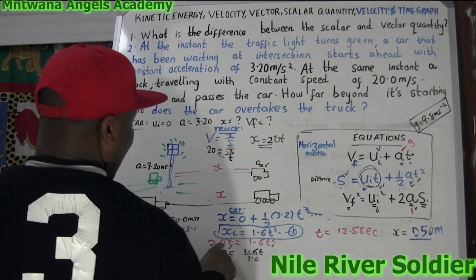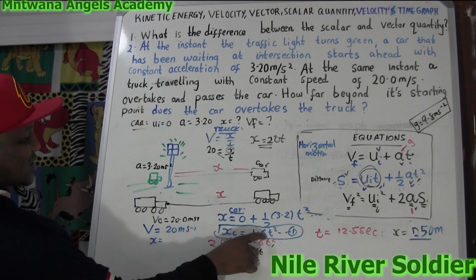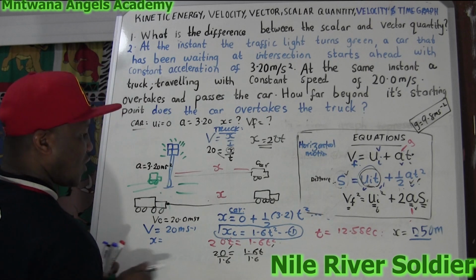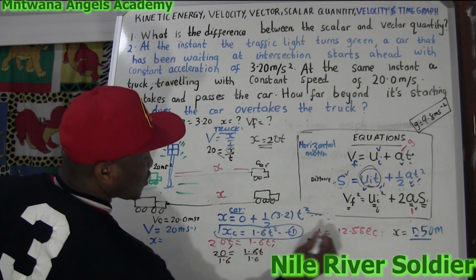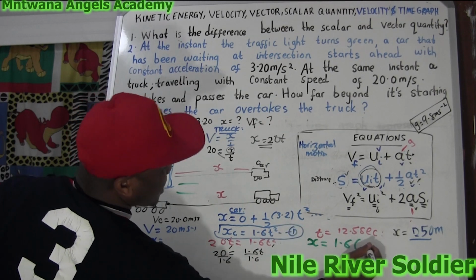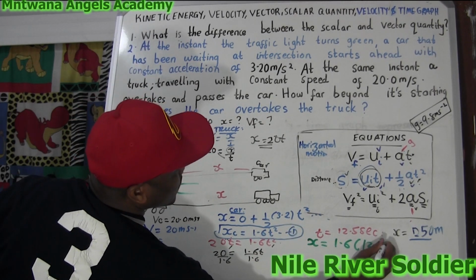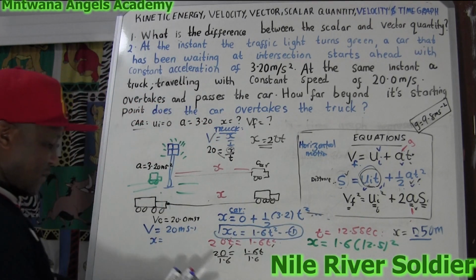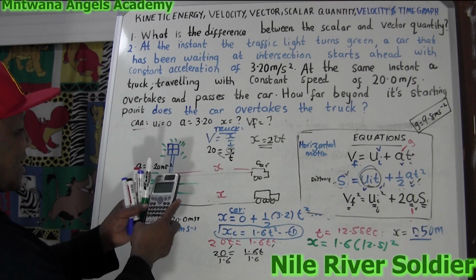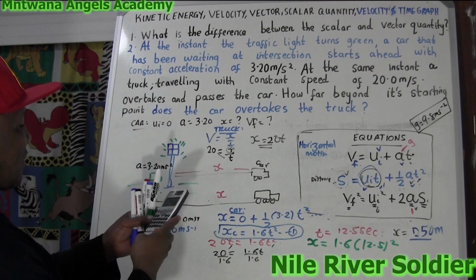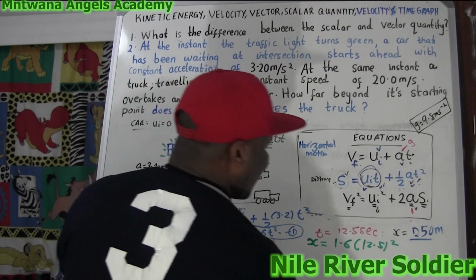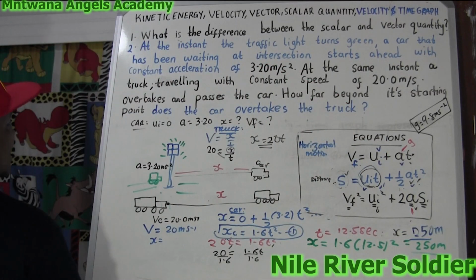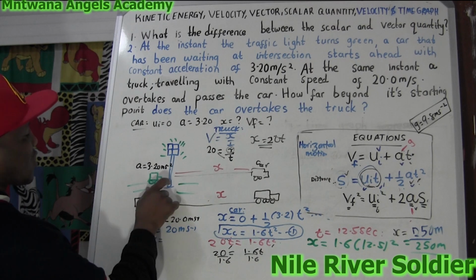Or we can use this one here: distance equals 1.6 times t squared, where t equals 12.5. So 1.6 times 12.5 squared is still 250, same thing. So that's the distance this small car is going to cover before it overtakes.